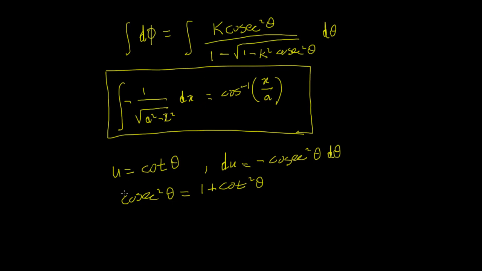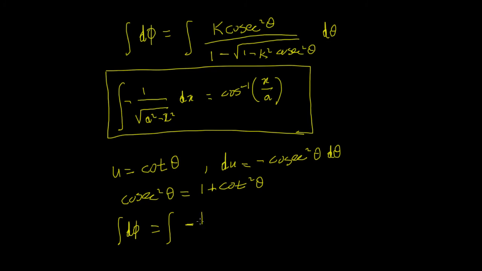rewrite this here, if we can squeeze it in there, as the integral of d phi equals the integral of, well, we need a minus sign so the two minuses cancel out. This minus sign has to cancel out this minus sign in order to make it positive.